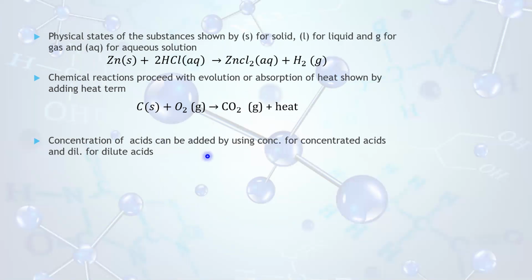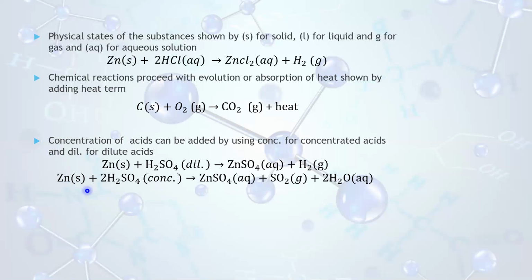Next, concentration of acids can be added by using CONC dot for concentrated acids and DIL dot for dilute acids. See here, in the reaction of zinc and sulfuric acid, we are using only dilute sulfuric acid, that we can show by using DIL dot.